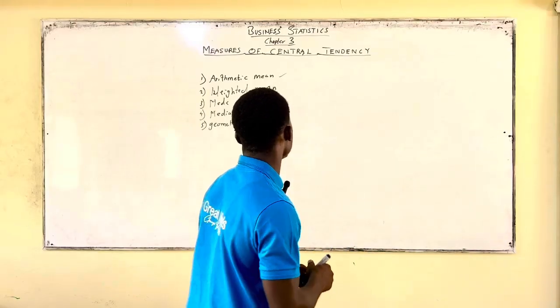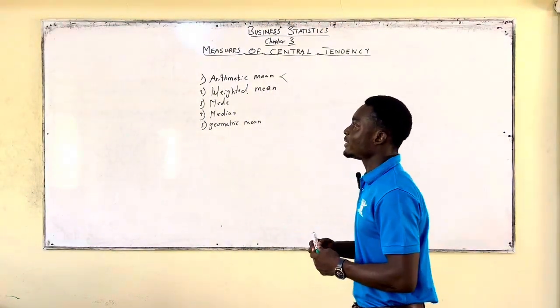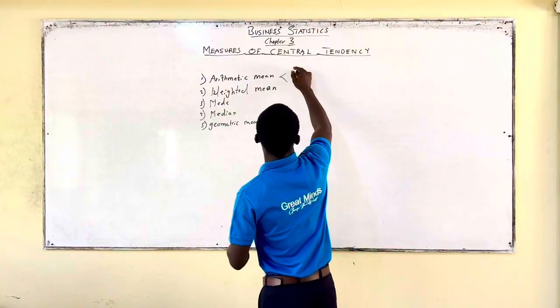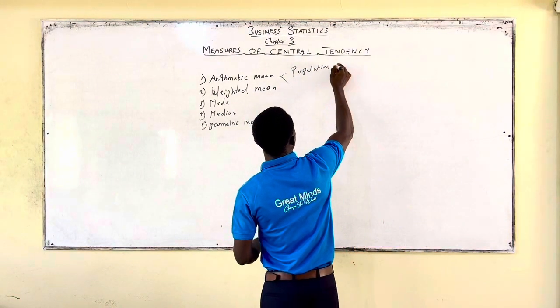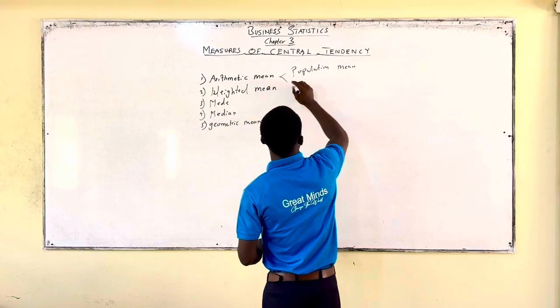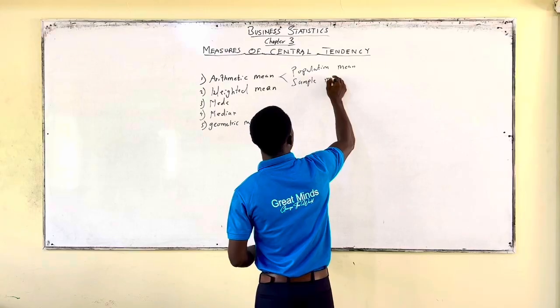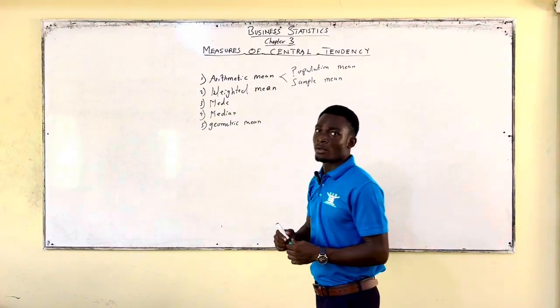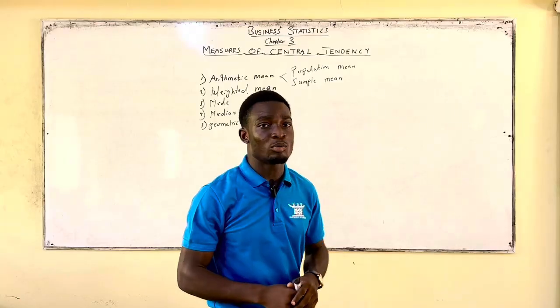Okay, so with this, we have two types of arithmetic mean: the population mean and the sample mean.